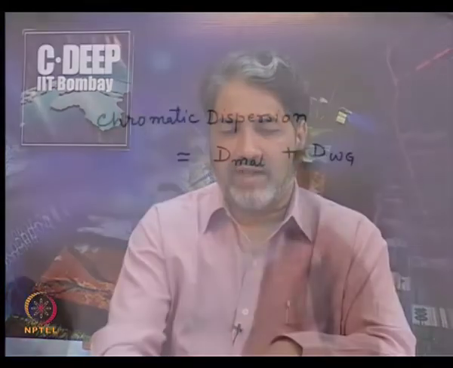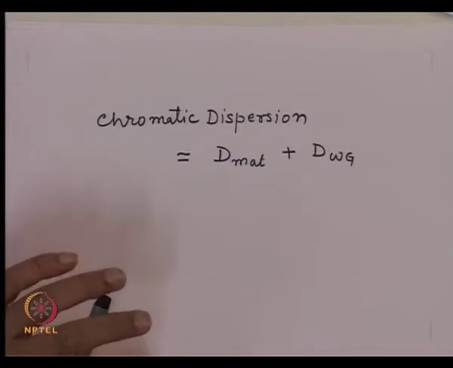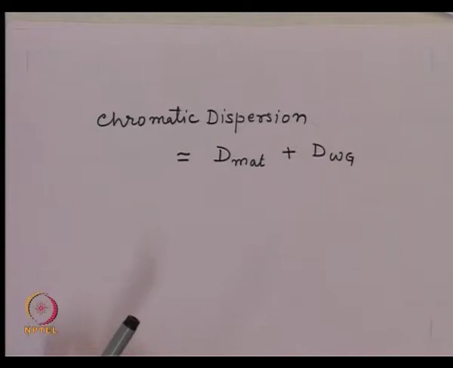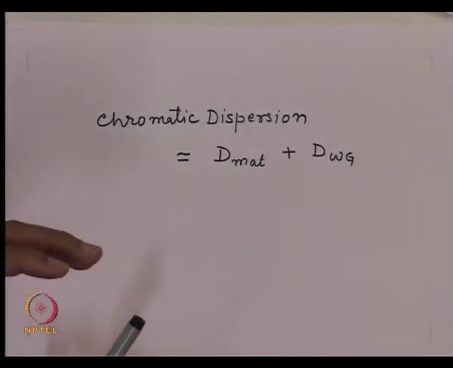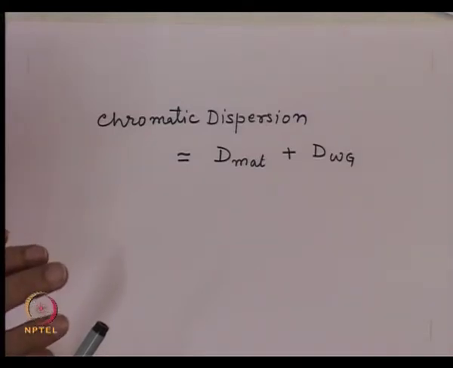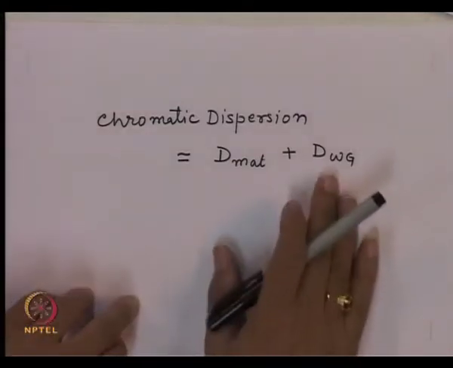This quantity here, however, D waveguide, depends upon the BV diagram, and the BV diagram depends upon the V number, which depends upon the size of the fiber, the refractive index difference, numerical aperture, and so on. So this is a structure dependent quantity. If I change either the refractive index of the fiber or the size of the fiber, this quantity is going to change.